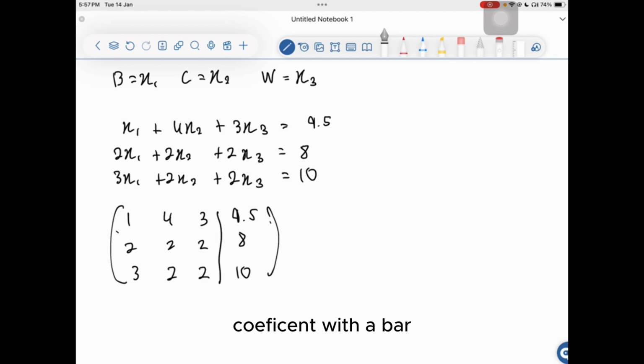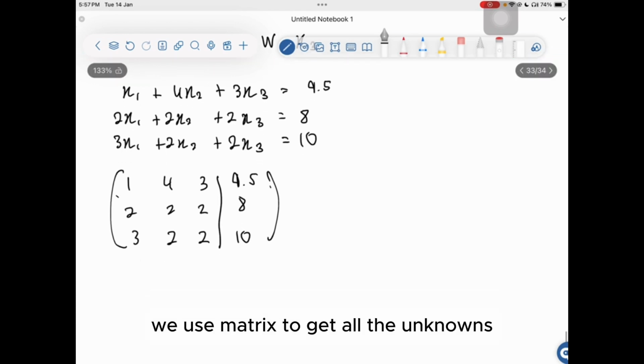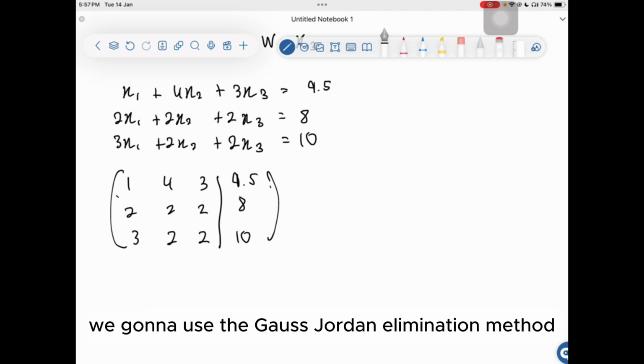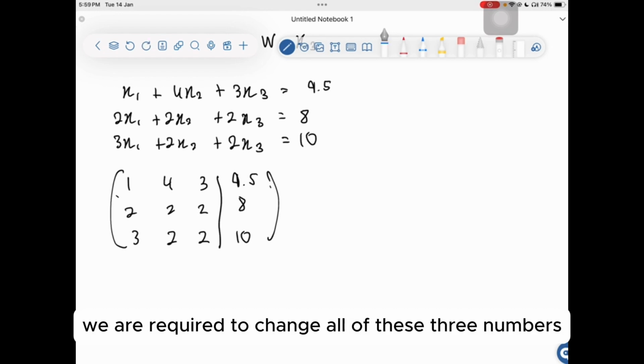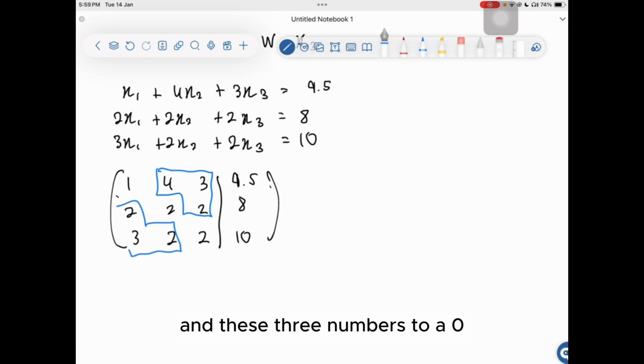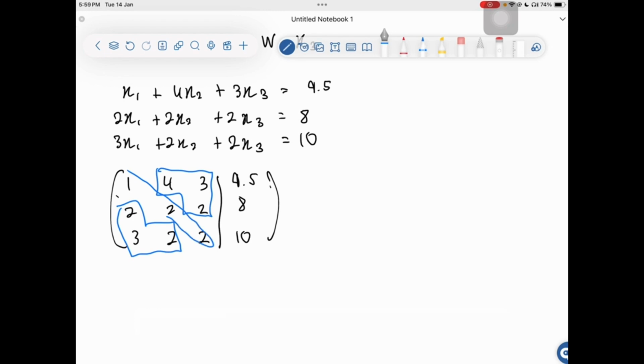We make a matrix form out of it. So now, with this matrix, to get all the unknowns, we're going to use the Gauss-Jordan elimination method. We are required to change these 3 numbers and these 3 numbers into 0. And we also need to change all of these diagonal numbers to 1.